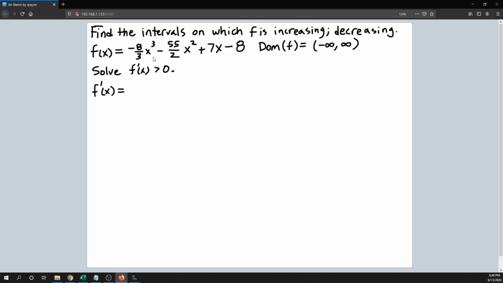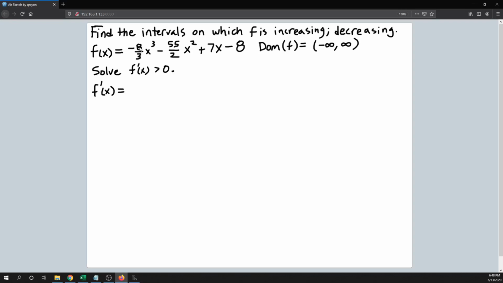Okay, so in order to solve that inequality, first off we need to take the derivative. Looking at this function, it is a polynomial, so using the sum and difference rules, since it's all expanded out and all the terms are added and subtracted, we can just take the derivative of each individual term. Looking at the first term, -8/3 x cubed, we're going to use the constant multiple rule.